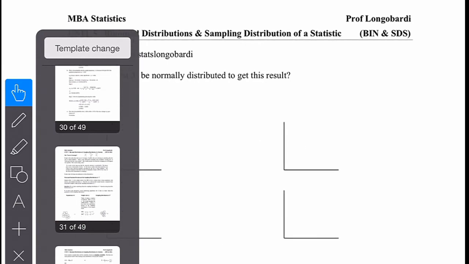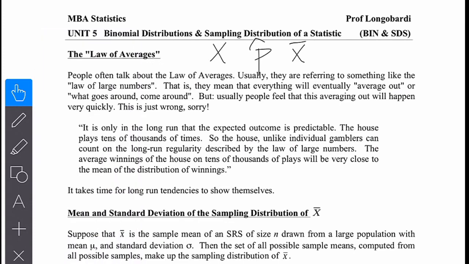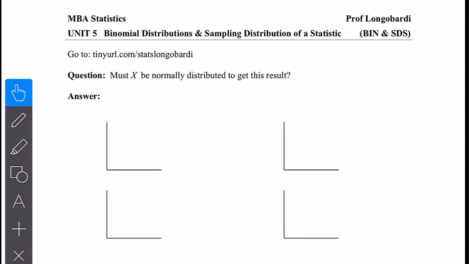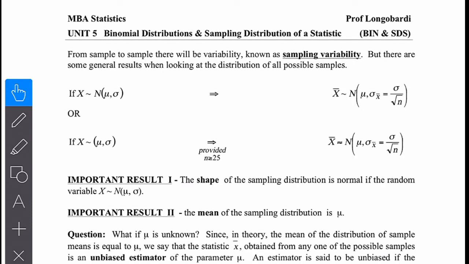I provided videos for pages 31, a nice discussion about page 31, page 32, and page 33 to explain the idea of the sampling distribution, how we generate the sampling distribution, in this case for the sample mean. It's the same process, but I'm looking for a different statistic this time. What ends up happening is, and please watch those videos so you can understand this.